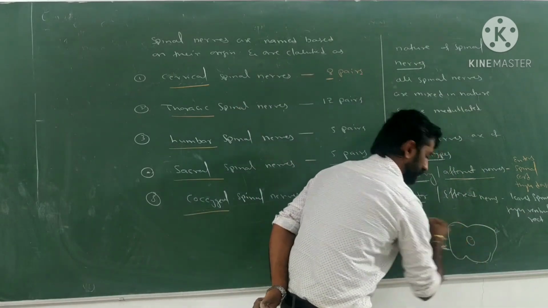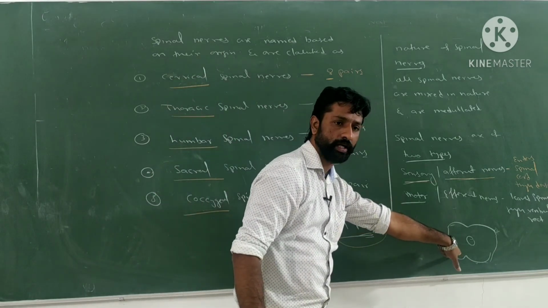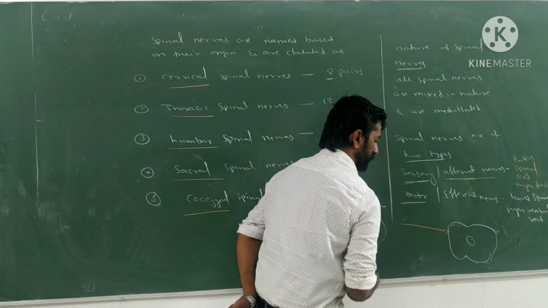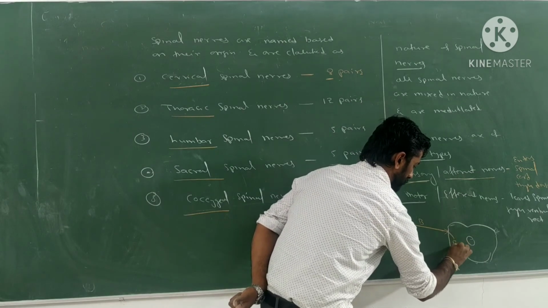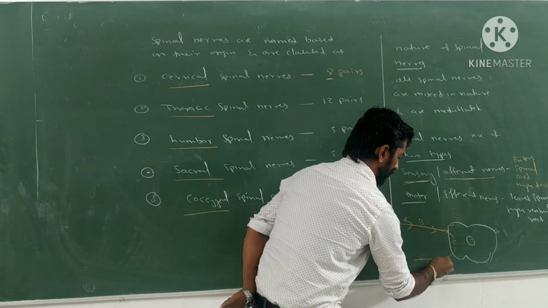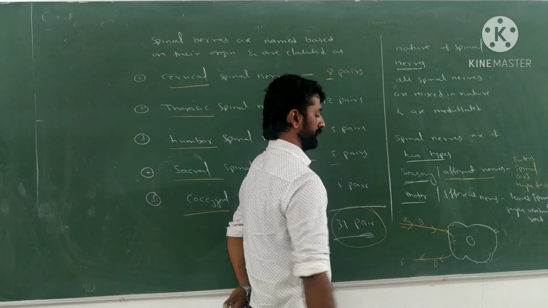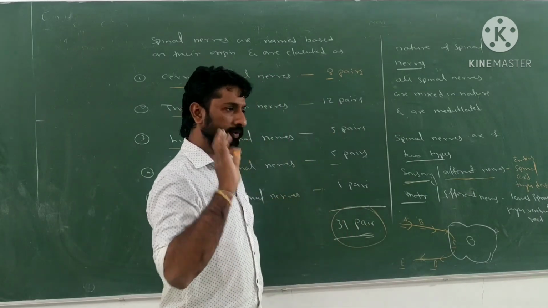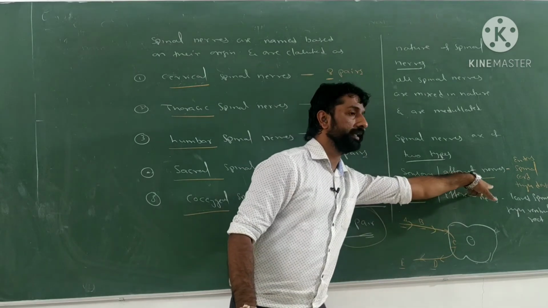In your NEET examination, if this diagrammatic representation is asked, with A, B, C, D and E given and arrow marks mentioned, what exactly does each represent? We know that the arrow mark which leads into the spinal cord represents sensory nerves.